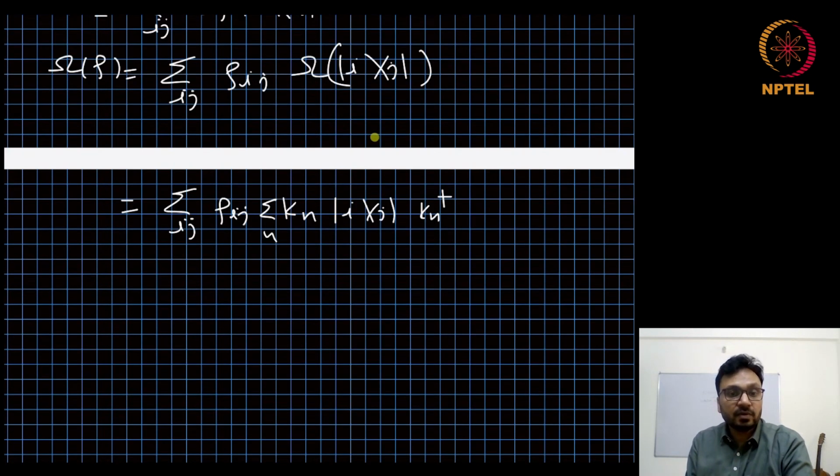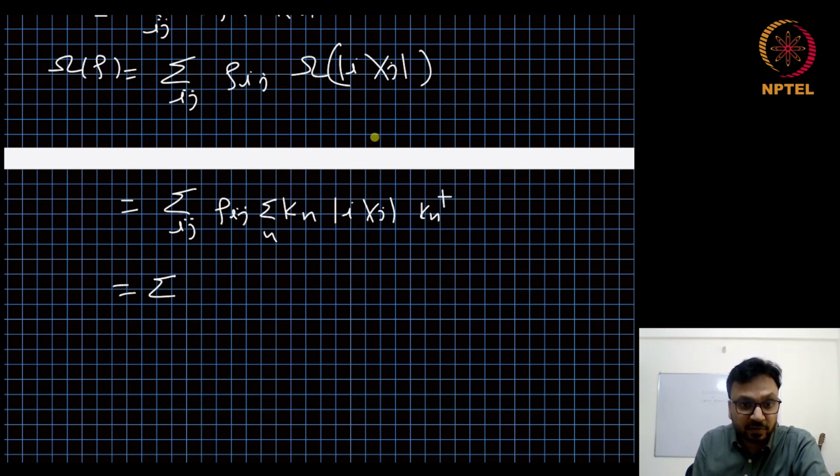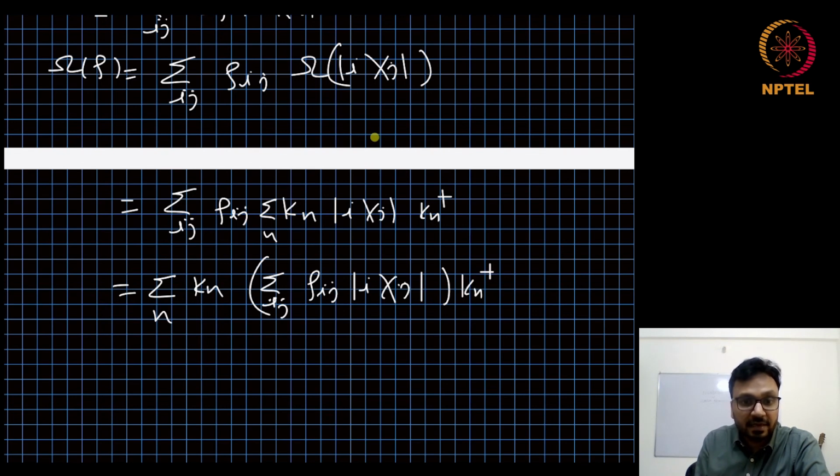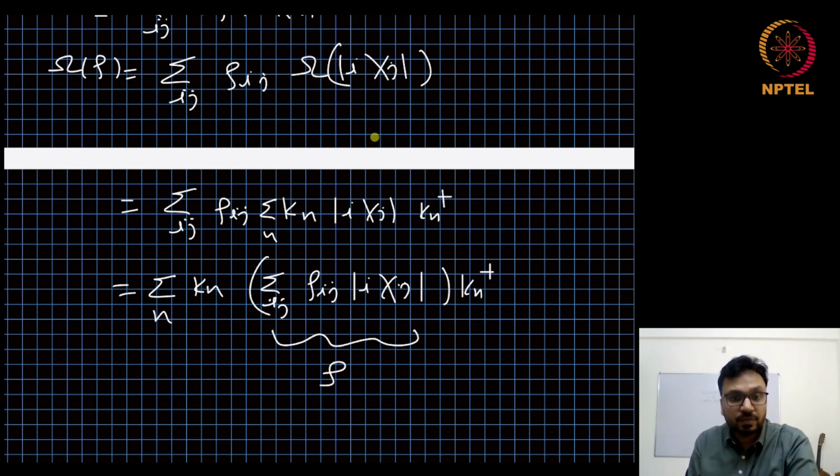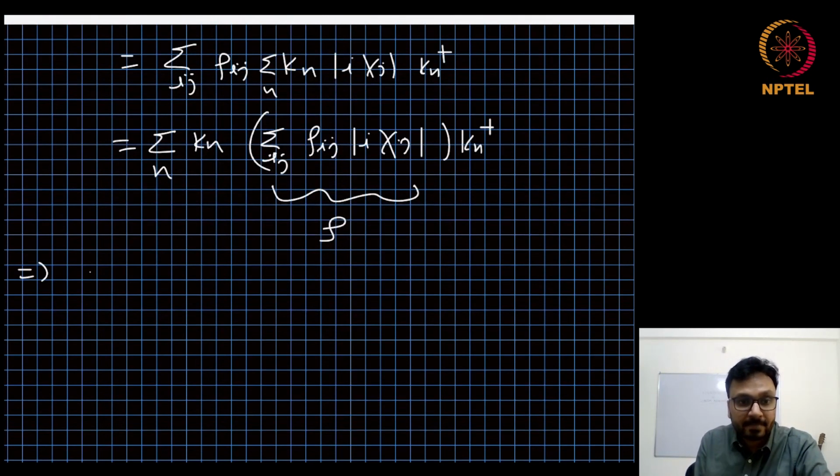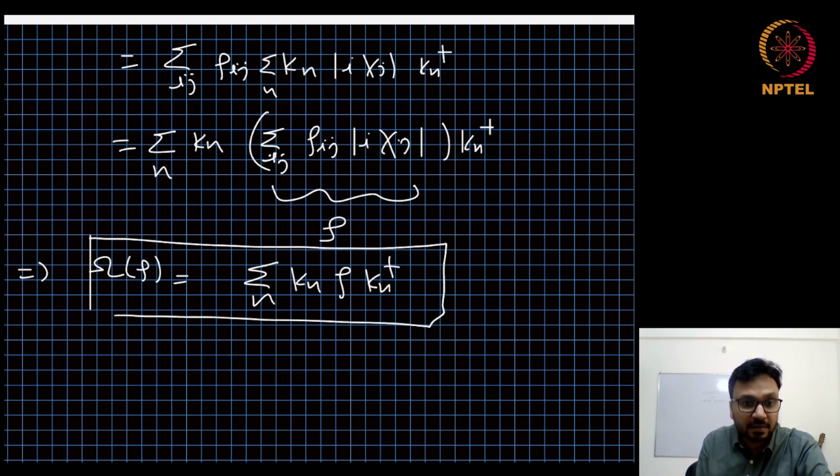We can take rho ij and the summation over ij inside the summation over n. We get Kn times sum over ij of rho ij |i><j| times Kn dagger, and this is rho. So omega acting on rho can be written as sum over n of Kn rho Kn dagger. Hence proved.